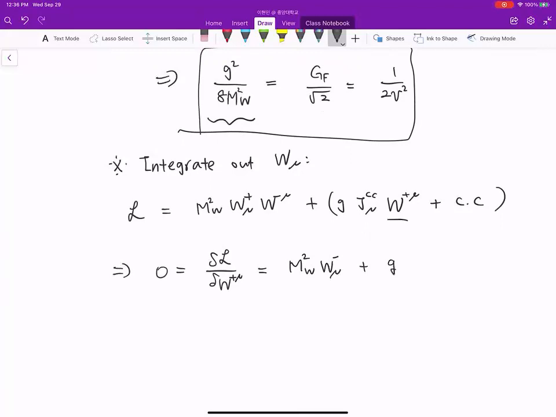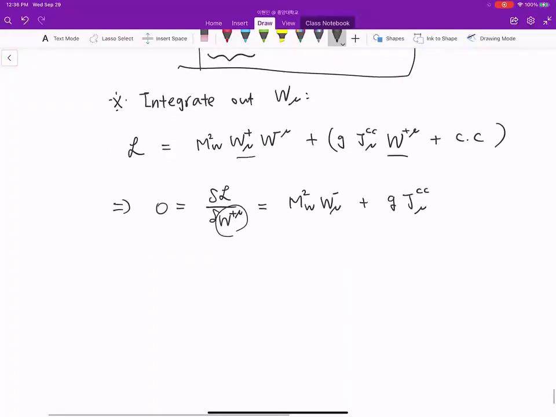You vary the Lagrangian with respect to the positive and negative charged W boson, and you get this equation. Therefore, W boson equals minus G over the charged current.